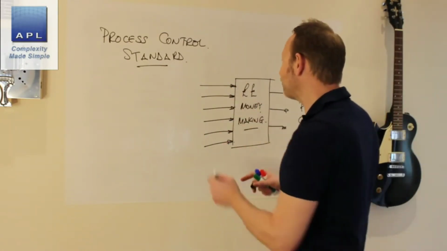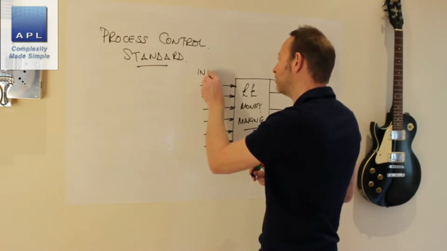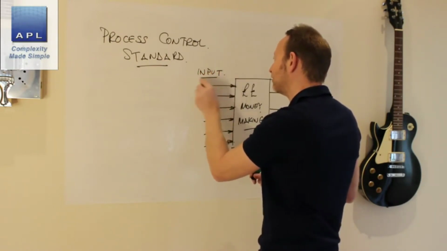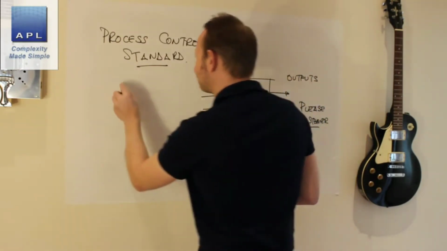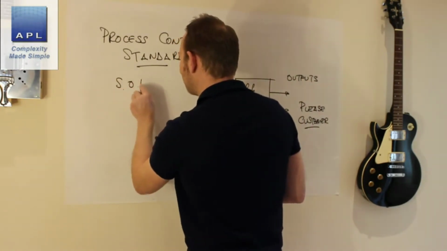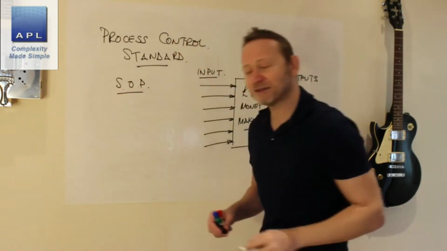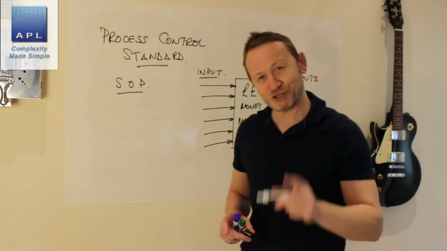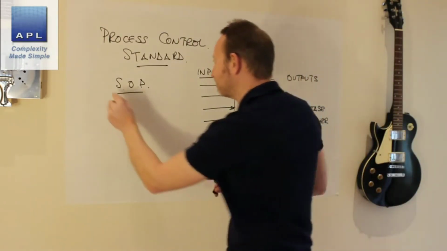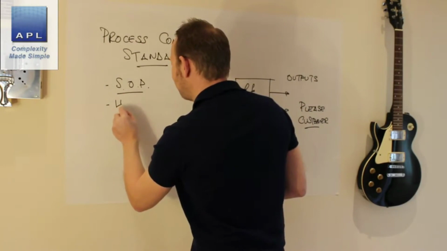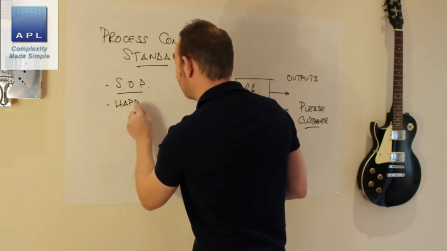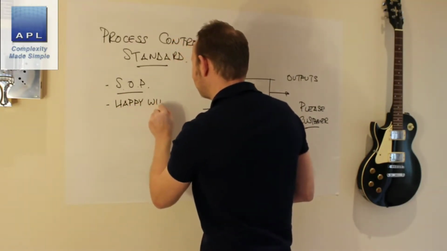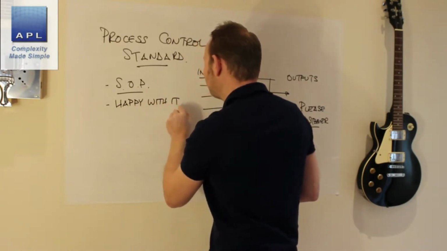Well, to have a variable, to have an input under control, you should have a standard. I'm going to call it a standard operating procedure. You should be happy with the standard. You should be happy with it.